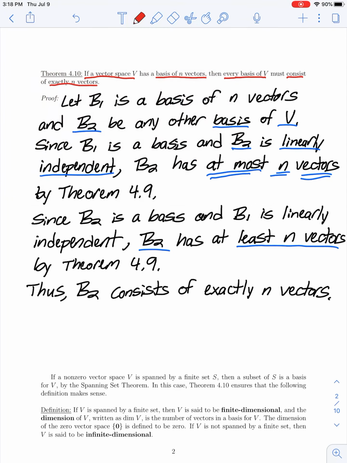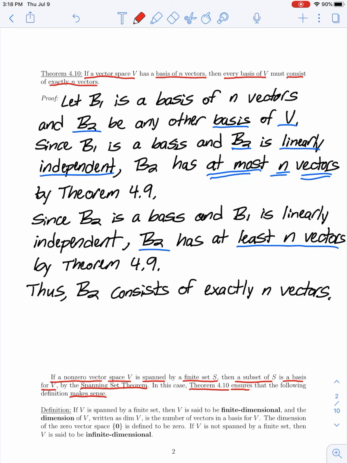So this will then allow us to state our definition of dimension that we're going to talk about throughout this section. So if we have a non-zero vector space V, which is spanned by some finite set S, then a subset of S is guaranteed to be a basis for V by the spanning set theorem. So in this case, theorem 4.10 ensures that the following definition will make sense.